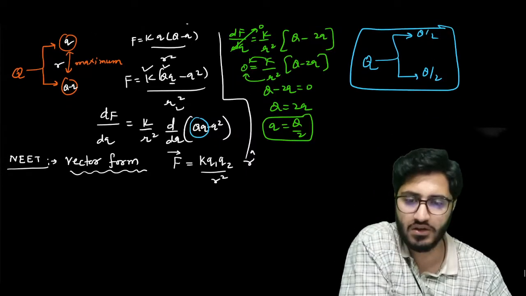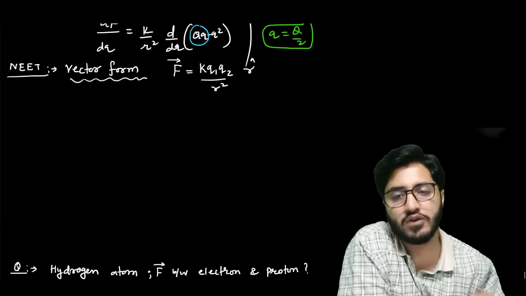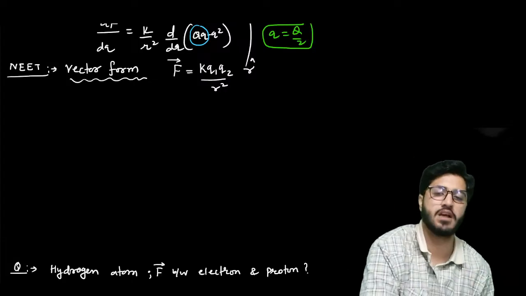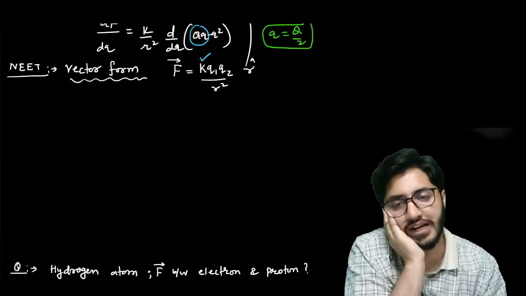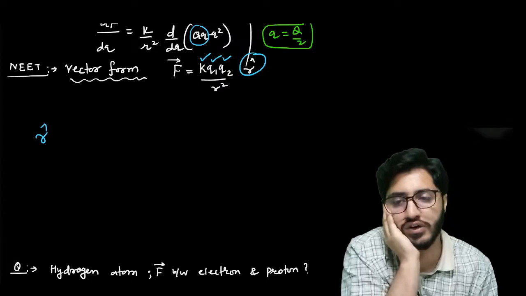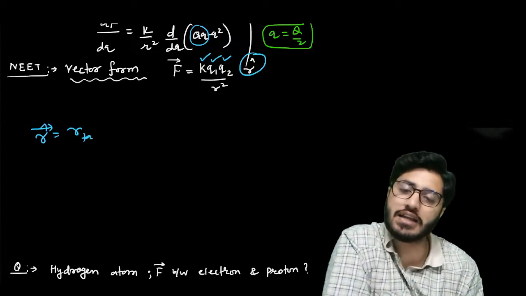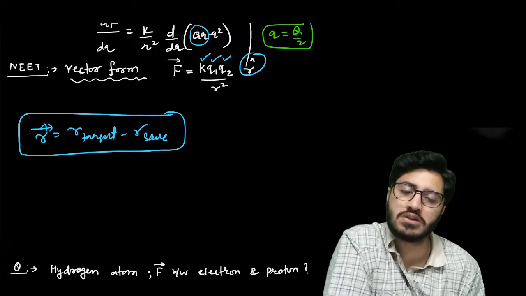Okay. Let us do the second last numerical from NEET also. Actually, it is not a numerical, it is a short trick. Look, K we can get, Q is easy. How to write R? Every time you need to write R as R target minus R source. What is the meaning of it?